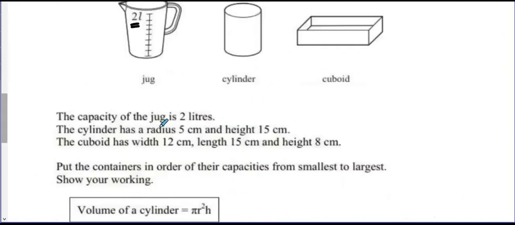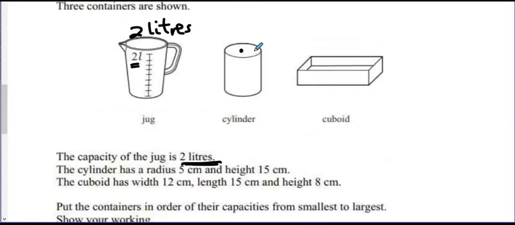Now, the capacity of the jug is 2 liters, like I said, and the cylinder has a radius of 5 centimeters. This cylinder here has a radius of 5 centimeters, and it has a length. When I say a length, I mean height. It has a height of 15 centimeters.